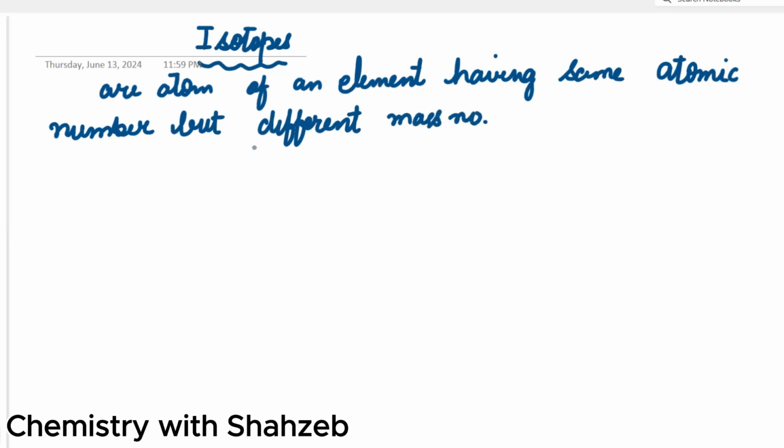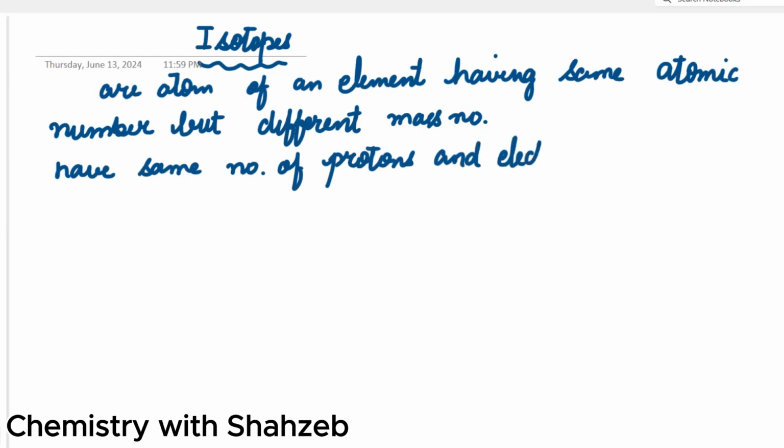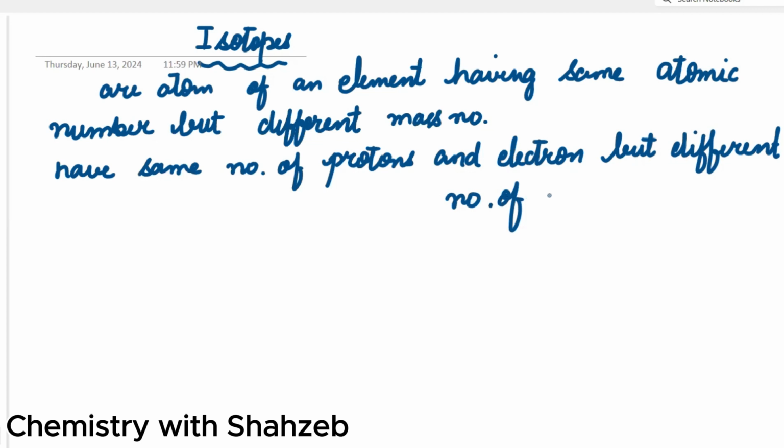What we mean by this is that isotopes have the same number of protons and electrons, but a different number of neutrons.